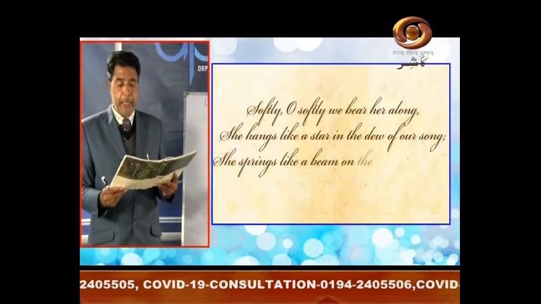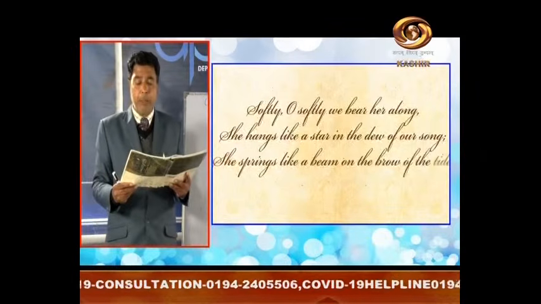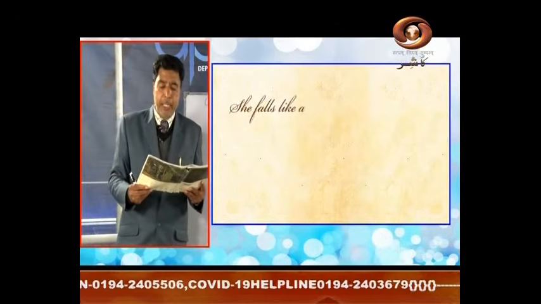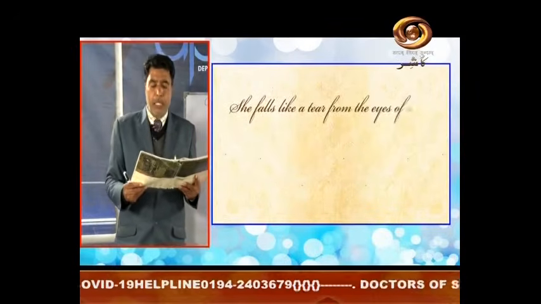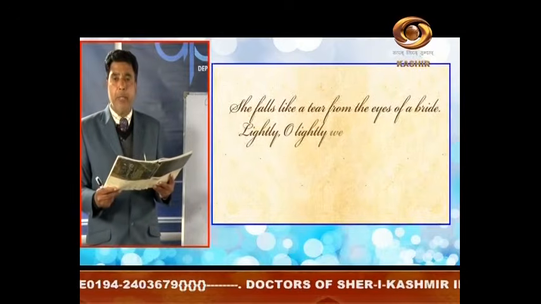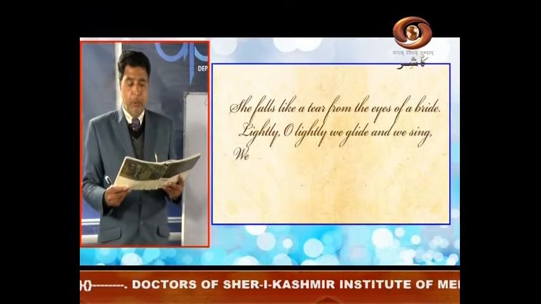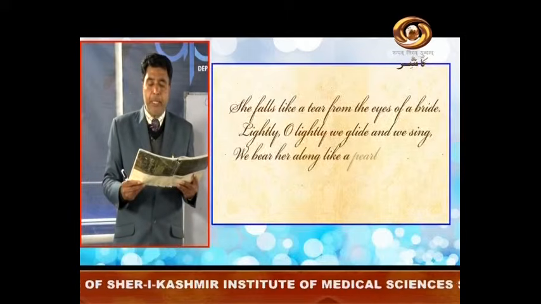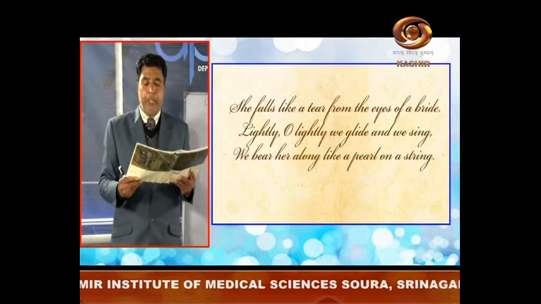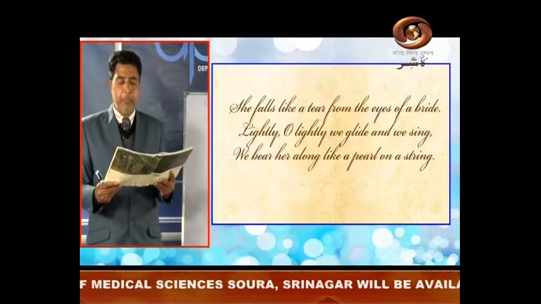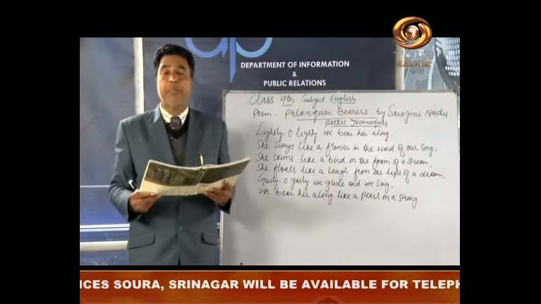She springs like a beam on the brow of the tide, she falls like a tear from the eyes of her bride. Lightly, oh lightly we glide and we sing, we bear her along like a pearl on a string.